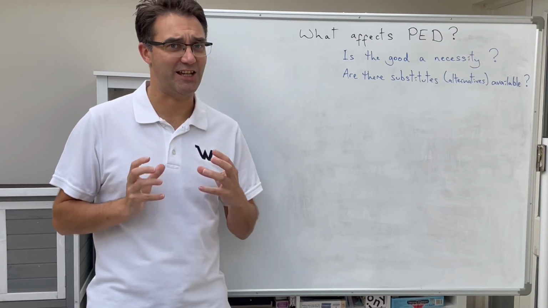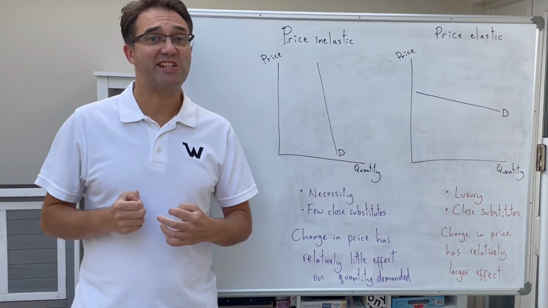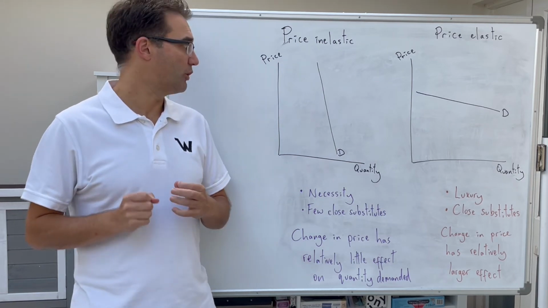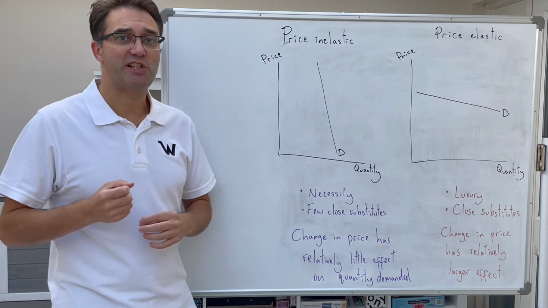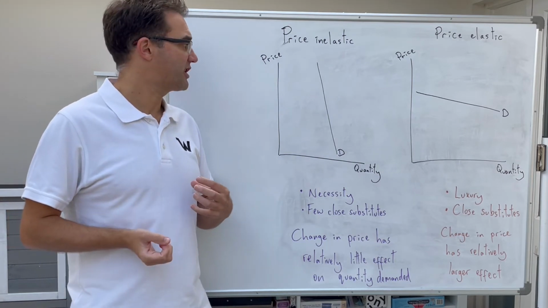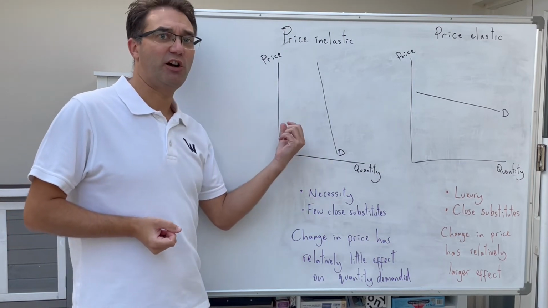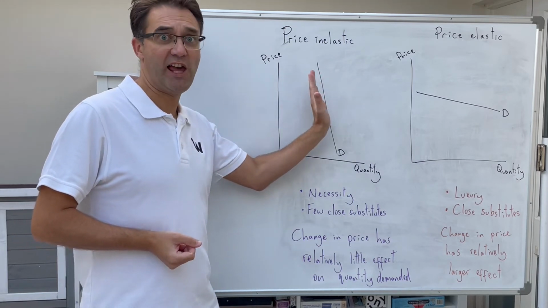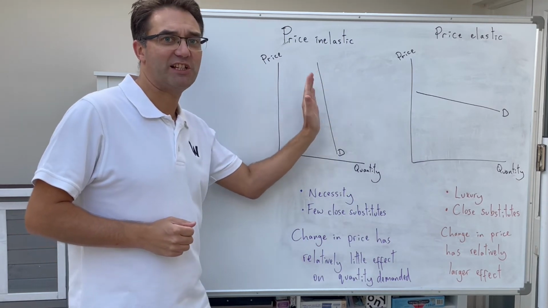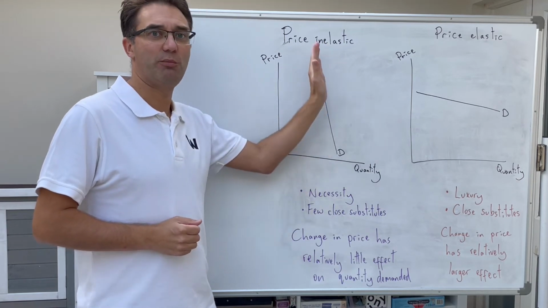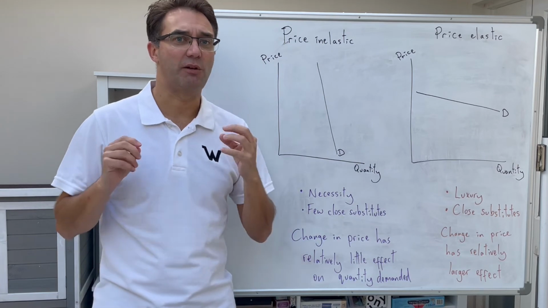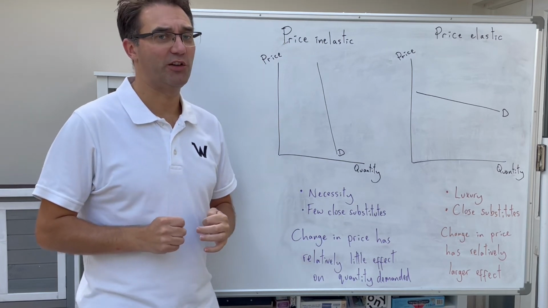The price elasticity of a good or service will influence the shape of the demand curve that we draw. If a good or service is price inelastic in demand, then our demand curve is going to be more vertical. It's going to look more like an I. We can get perfectly inelastic demand curves where the curve will be totally vertical, where a change in price will have no impact whatsoever on the quantity being demanded.